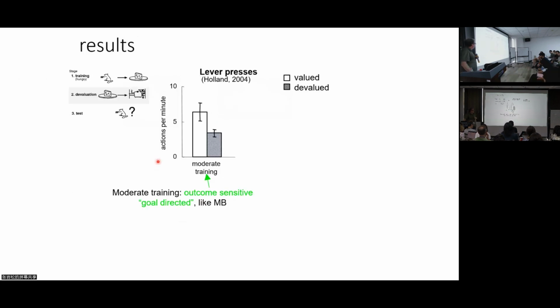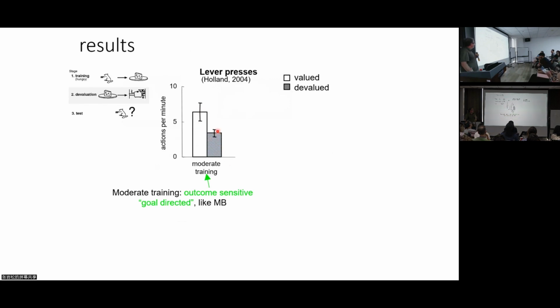So this experiment's been done tons of times, and the answer is it depends. Animals can do both things. This is data from Peter Holland, but again, it's very typical. In some circumstances, what you see is animals who don't want the cheese lever press significantly less than animals who do want the cheese, here shown in white.